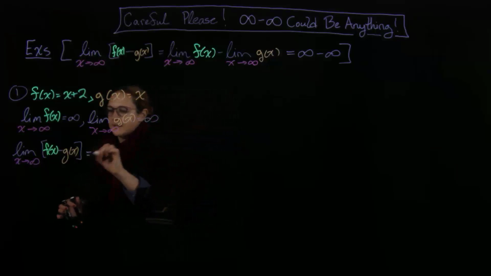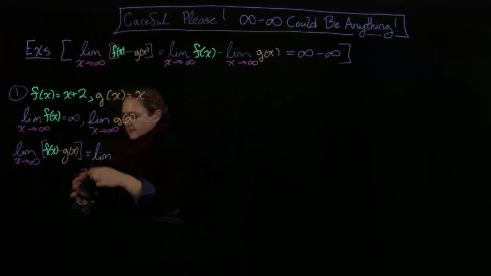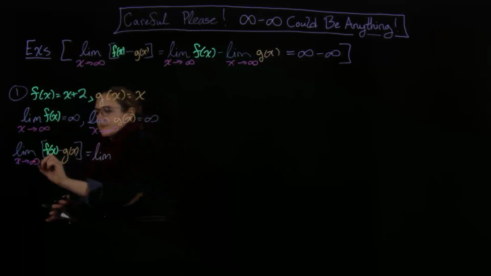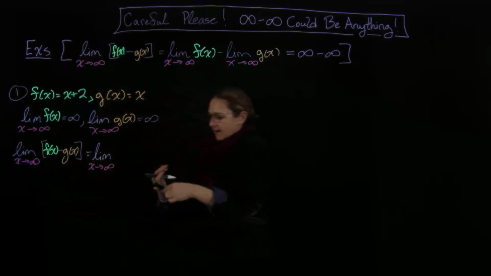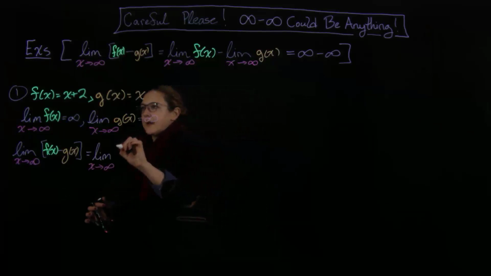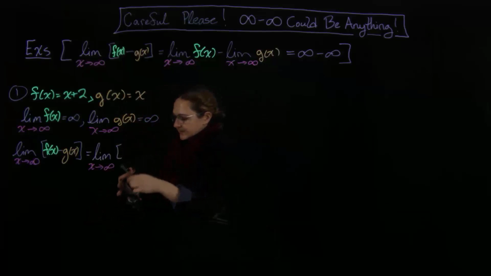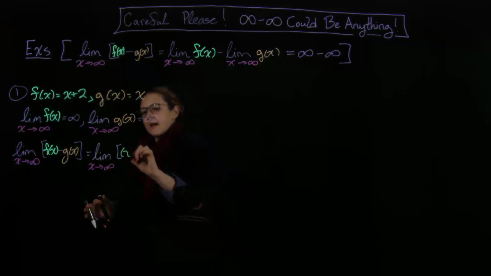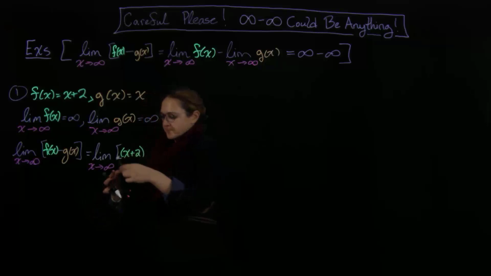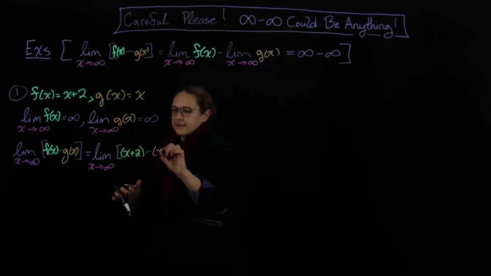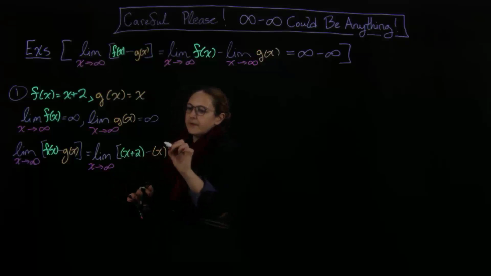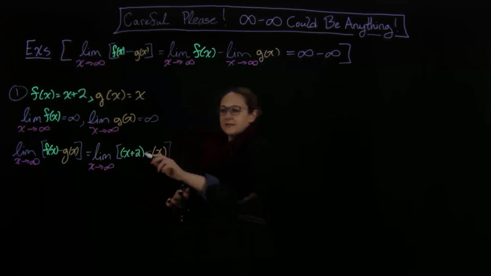So this is going to equal the limit as x goes to infinity of x plus 2 minus x. But what is this? This is just 2.